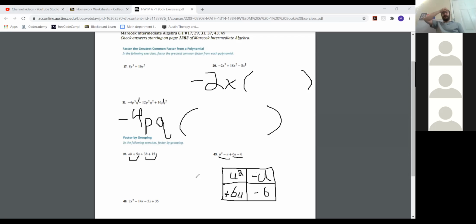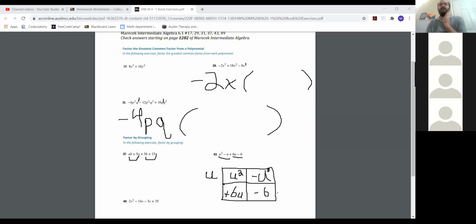If you want to do the box method, you look across and up and down to find the GCFs. So between u squared and u to the first, what's the largest I can pull out? 1. Yeah, 1u, or u to the first.